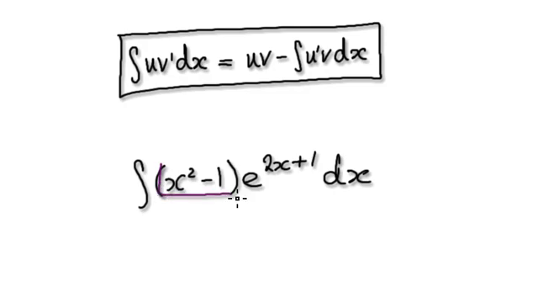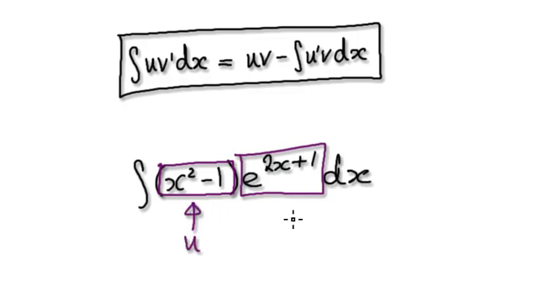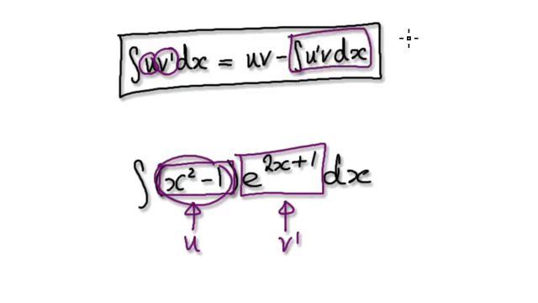Okay, so to do this, imagine this as being like one block multiplying with another block. If you set this to be your u and then set this to be your v prime, you will need to repeat this process several times.